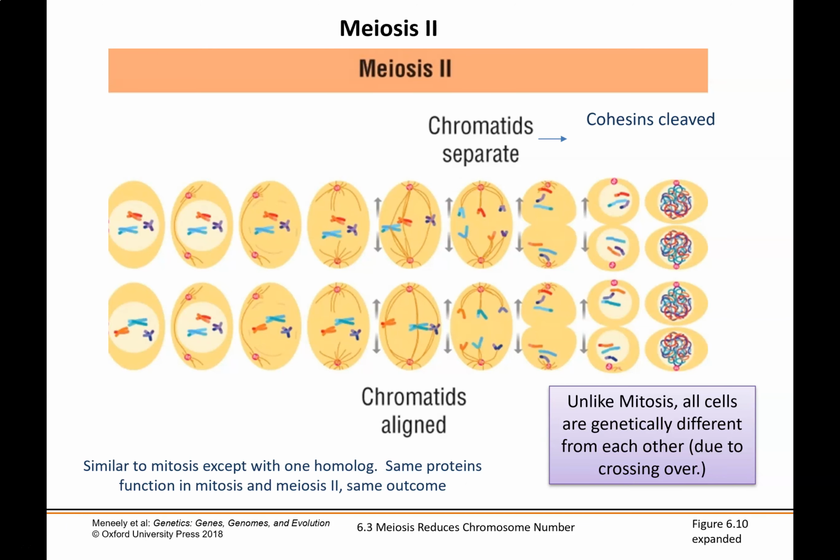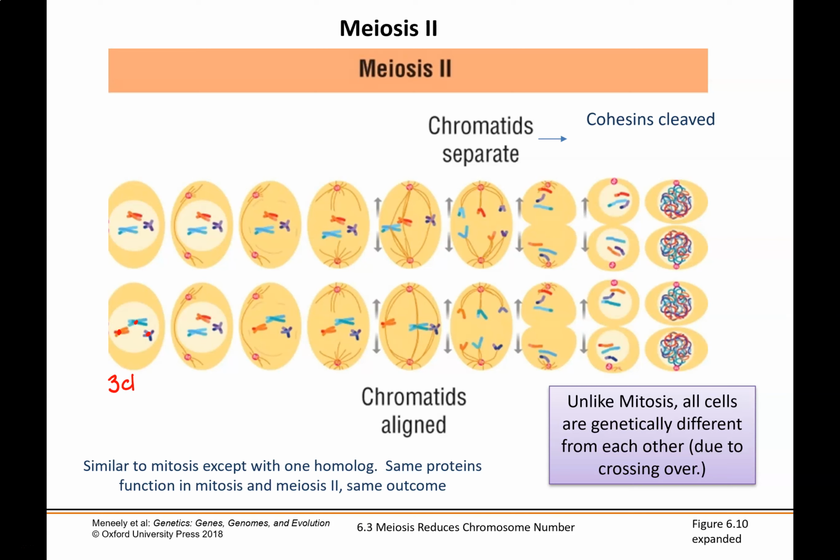So before we move on to sperm and egg production, I wanted to talk about how we count chromosomes, because sometimes students are a little bit confused on how we actually determine how many chromosomes are present in a cell. So we count chromosomes by the number of centromeres. So this is Meiosis II. We have centromere, centromere, centromere.